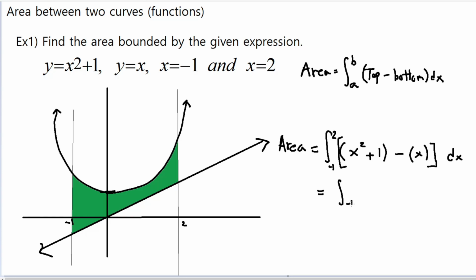Now let's simplify that integral. This will make x squared minus x plus 1 dx. The integral of x squared minus x plus 1 is x to the third over 3 minus x squared over 2 plus x, from negative 1 to 2.